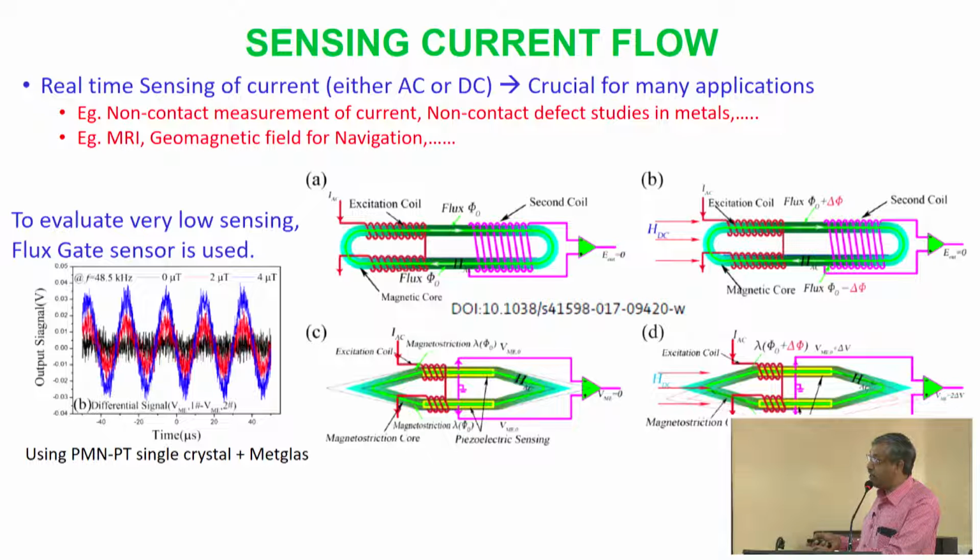You have to make a larger device, with the coupling at one end and the measurement device on the other side. This flux gate methodology can be used to measure a very low value of current. They have achieved very low values: in terms of magnetic field it is micro Tesla, but in terms of current it is much lower than that, nanoampere or even lower.